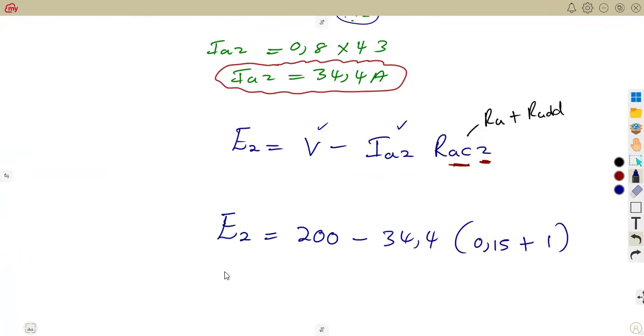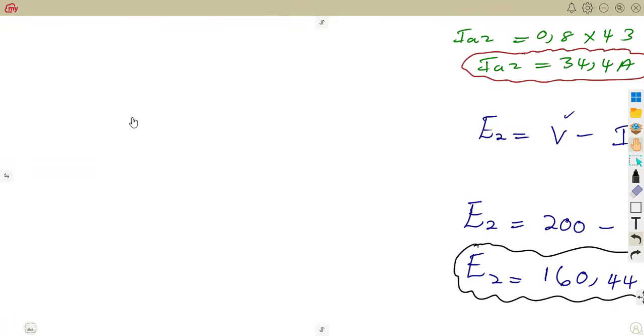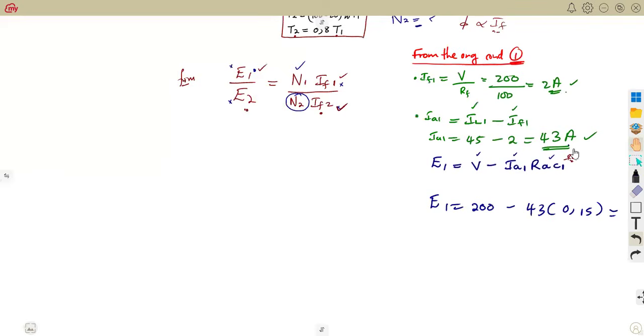For the sake of us not having disturbances here, let me just substitute direct. But you saw this from your diagram. So you can substitute after, then calculate. You're going to get 160.44 volts.